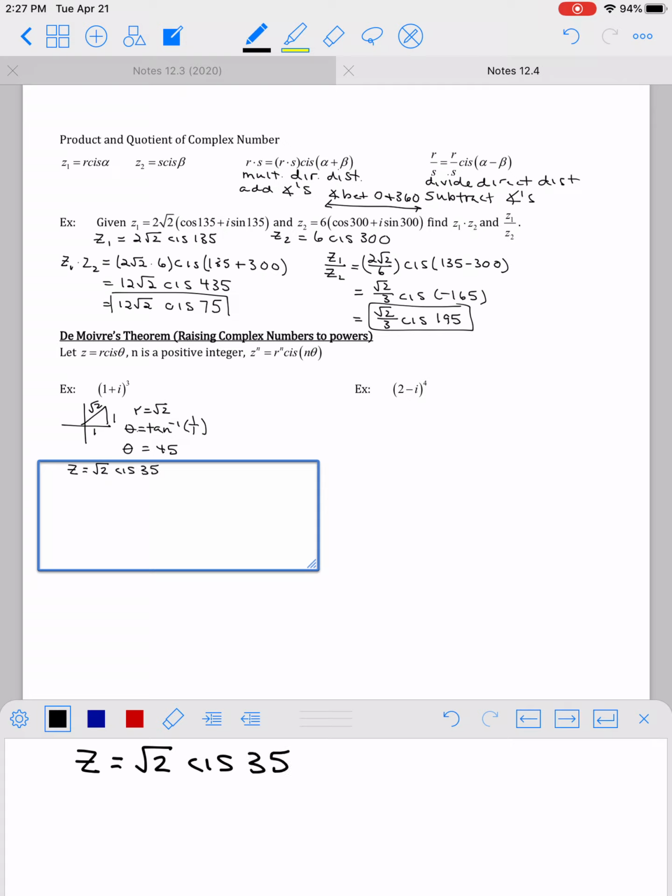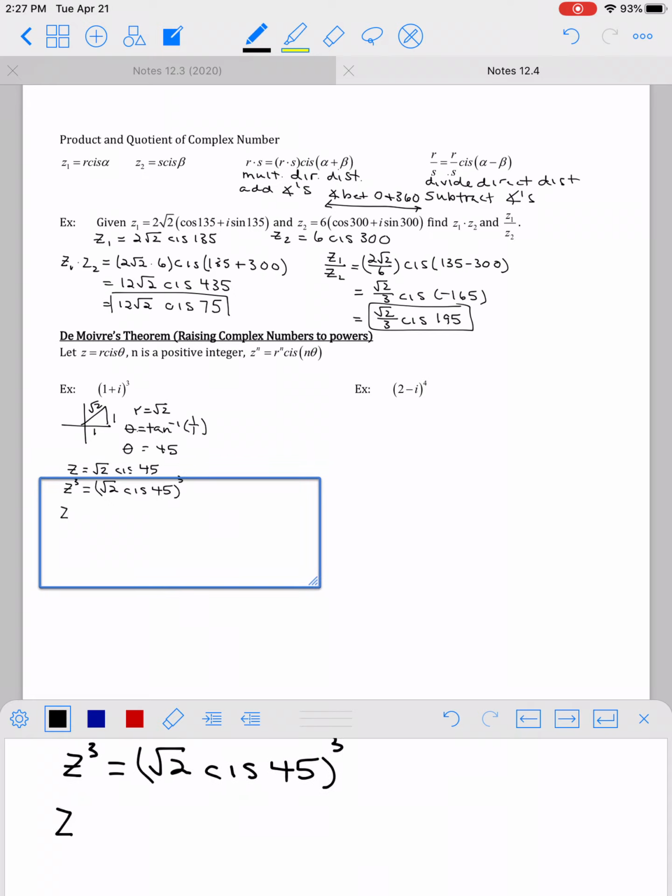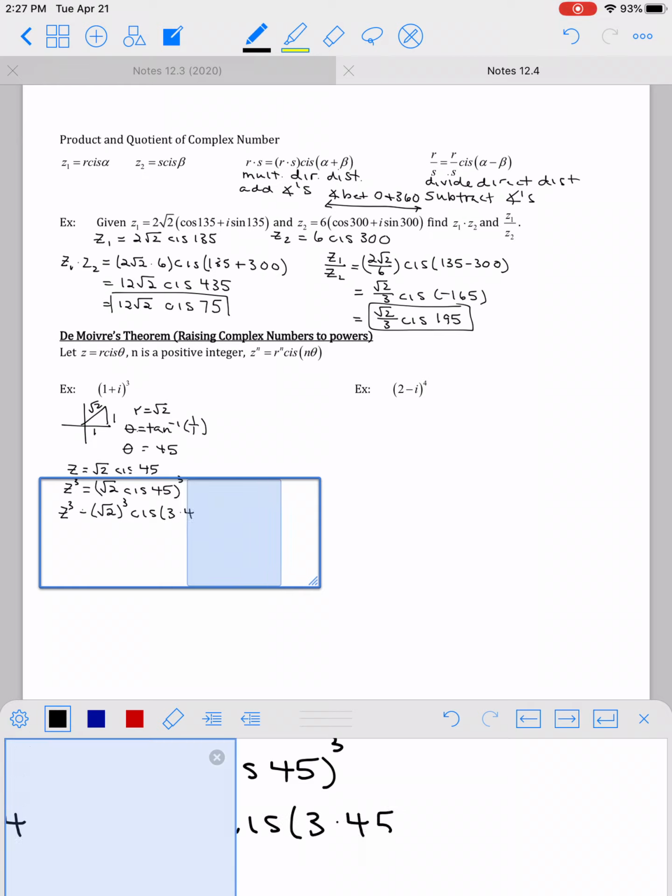And now we're raising it to the third power. So z to the third, square root of 2 cis, oh, not 35, nuts, cis 45. And we're going to raise that to the third power. So now, here comes de Moivre. Z cubed, square root of 2 raised to the third power, cis, take the power, multiply it by the angle.